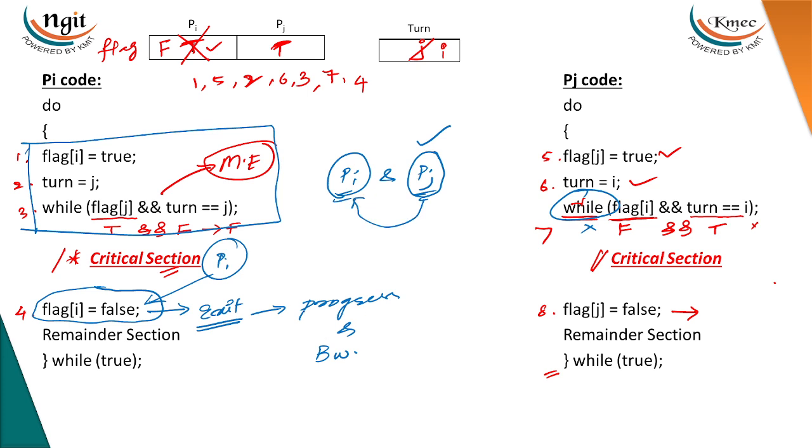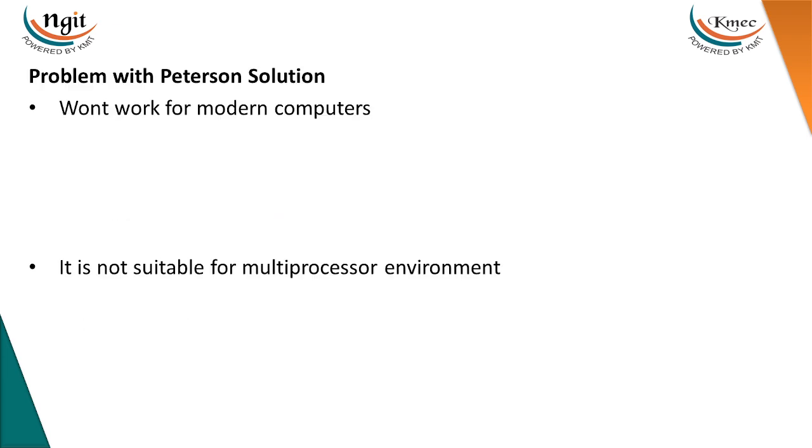That means it is selecting the next process, as well as telling that after the Pi turn, Pj will be executed. After the turn of Pj, Pi will be executed. So this particular exit section code, flag of I equal to false or flag of j equal to false, will give you both progress and bounded waiting.